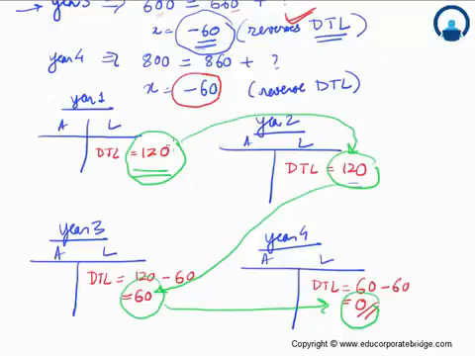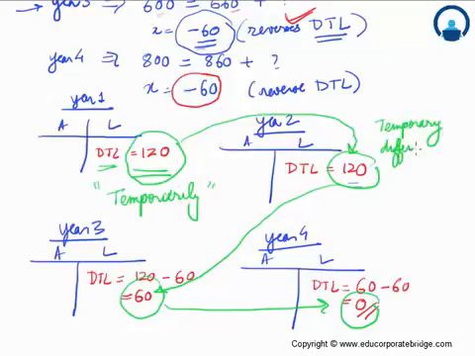So whenever there is a liability which is formed of this sort, where it comes on the balance sheet only temporarily, it came and got back to 0 over a period of time. This is known as temporary difference. And this temporary difference is reversed over a period of time, like what we saw in these 4 years.